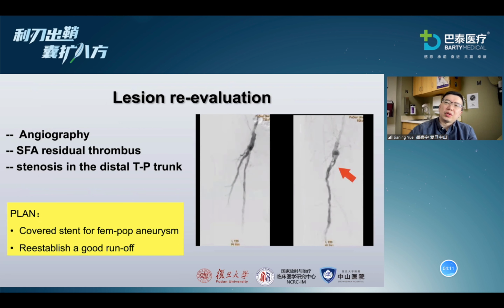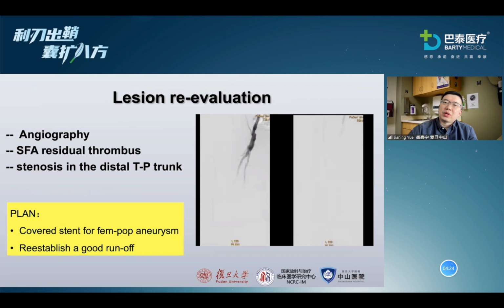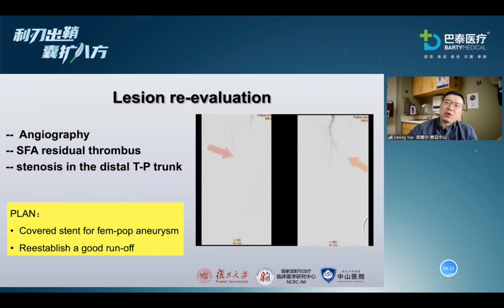And also you can see at the trifurcation a lot of plaque and residual thrombus, and in the FemPop aneurysm, there we should choose a covered stent, and there's also residual thrombus. How about the distal anchoring? Maybe anchoring at the P3 or to the TP trunk, and we know that the artery is smaller.